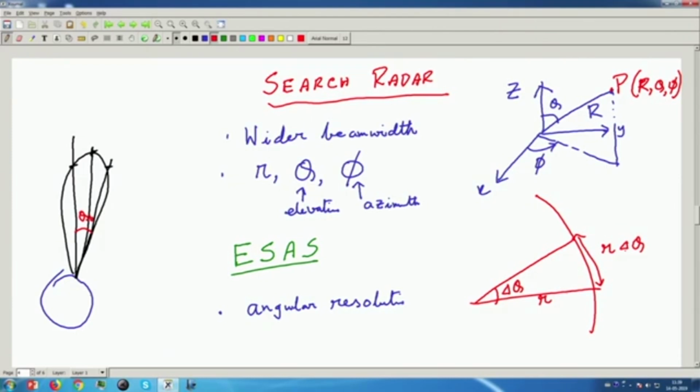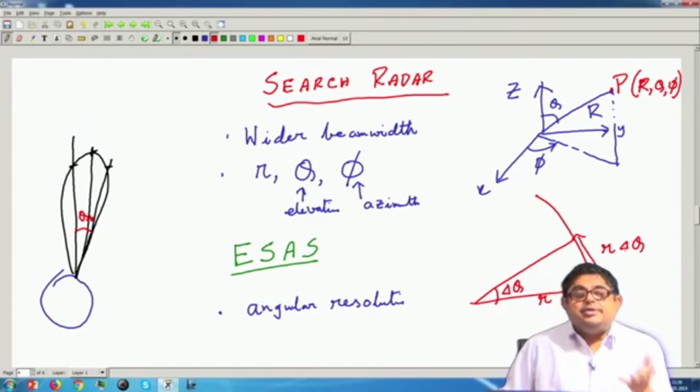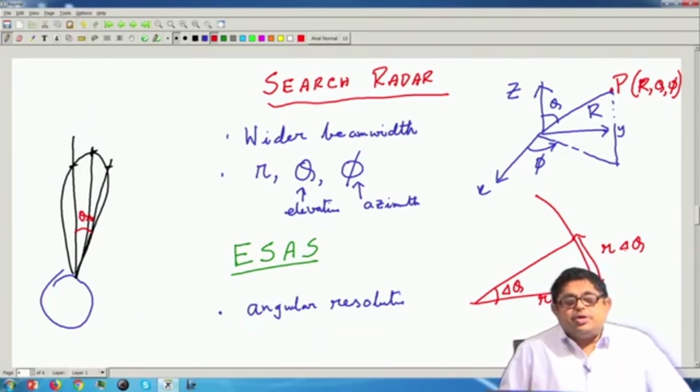So, that is the fundamental difference between the search radar and tracking radar. A search radar is of the order of the beam width, usually 1 degree, 1.5 degree, 2 degree. That means a search radar can give an angular resolution of the order of a degree, whereas a tracking radar can give you 1 by 100, and we will see a technique by which even 1 by millionth of a degree accuracy is possible.